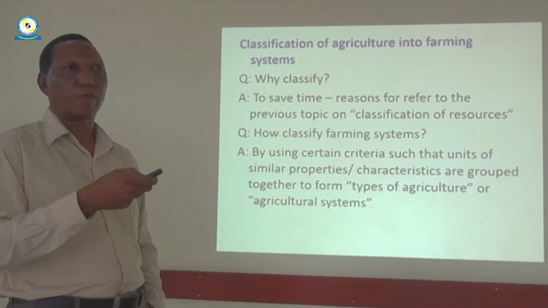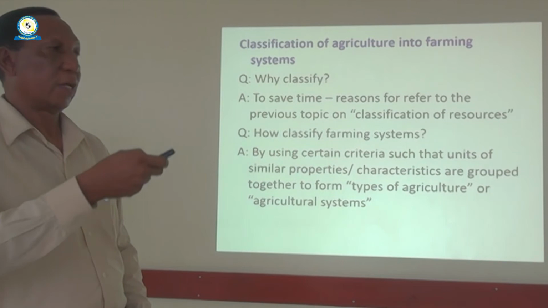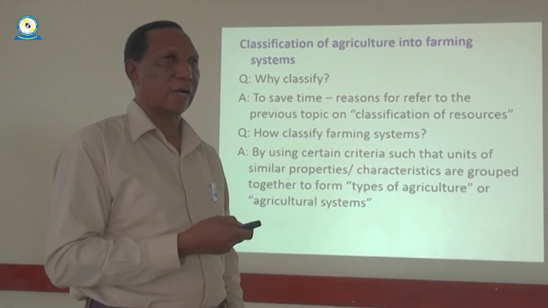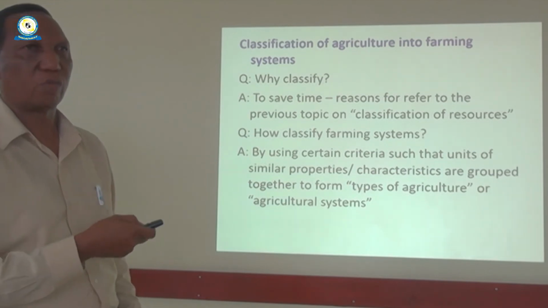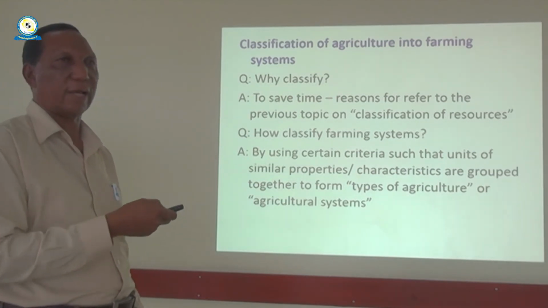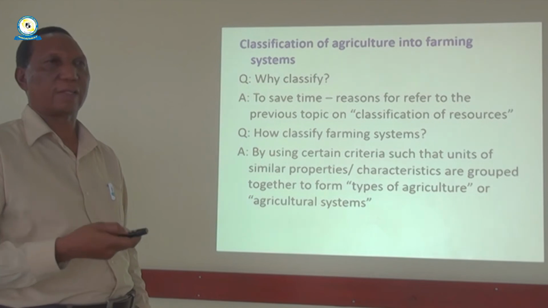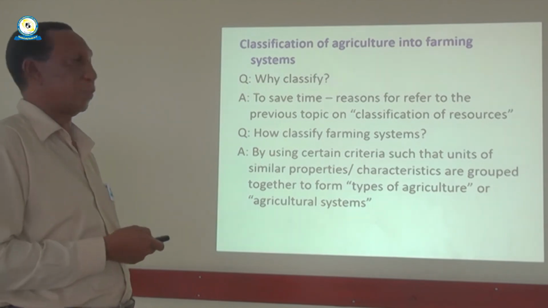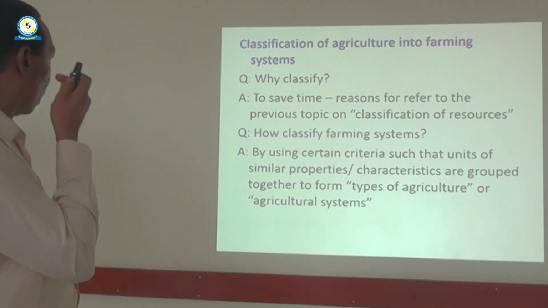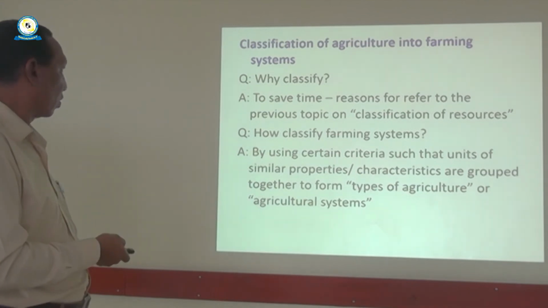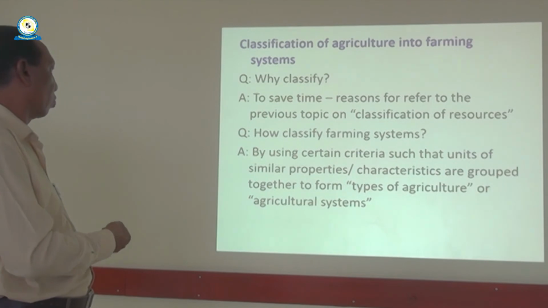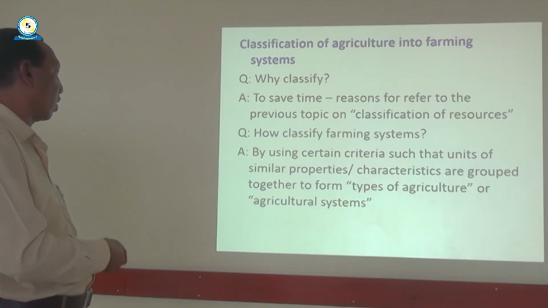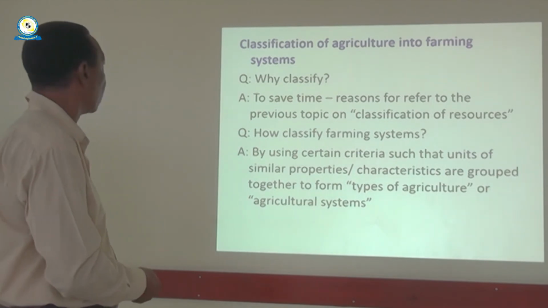Then you have to find a way of grouping: farming systems with similar characteristics should be grouped as one, and others grouped likewise, for convenience of study. So by using certain criteria, units of similar properties and characteristics are grouped together to form types of agriculture or agricultural systems.